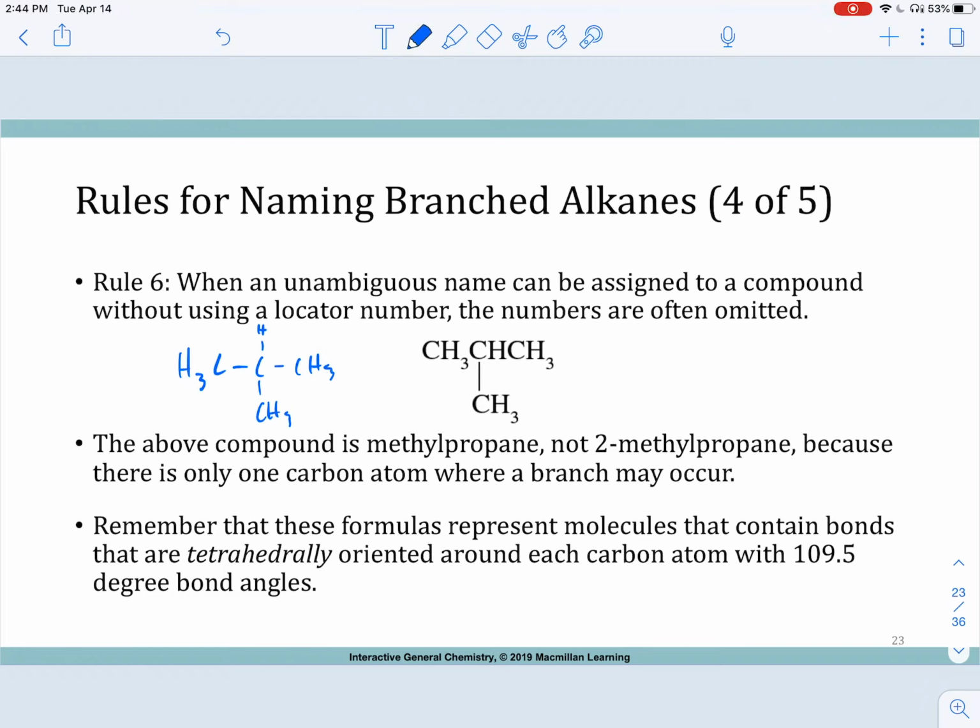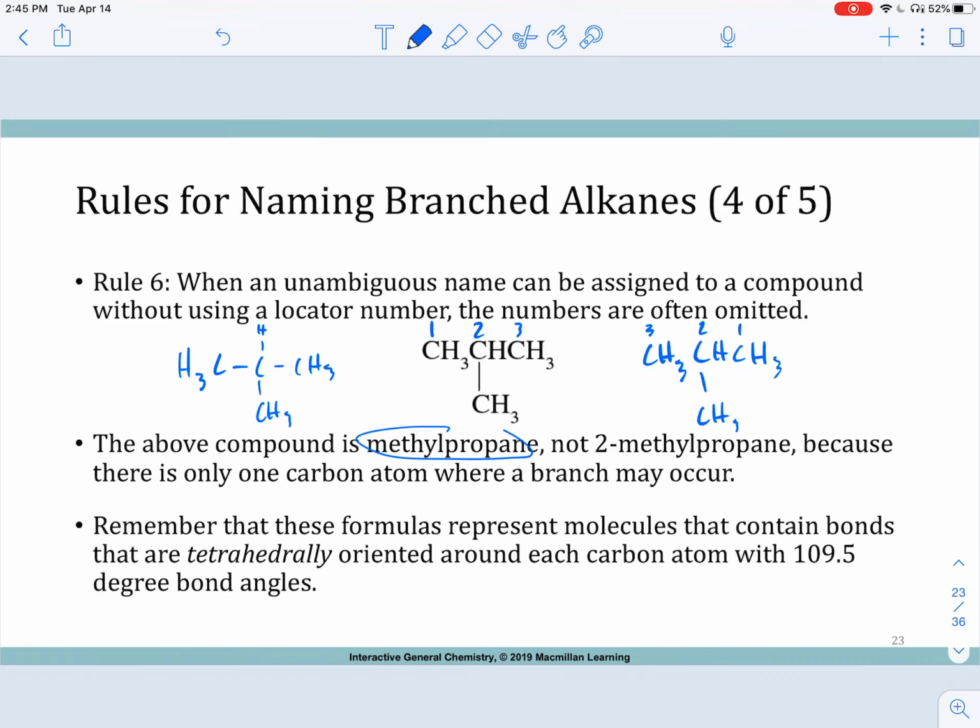So let's say I say this is the 1 position, this is the 2, or the 3. Couldn't I have also called this 1, 2, 3? Notice it doesn't matter how I number this. This methyl group will always be at the 2 position in this compound. So sometimes, instead of calling this 2-methylpropane, you can just call this methylpropane.